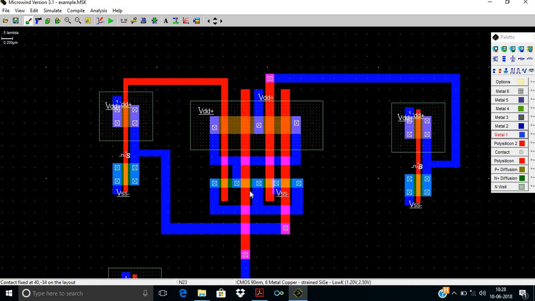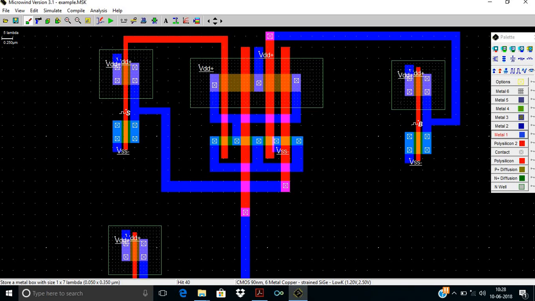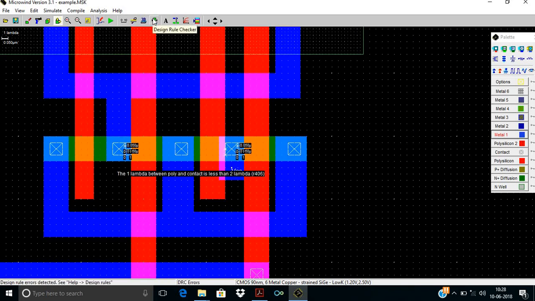This is the B bar connection. This is the A bar connection. Now is anything remaining? There is an overlap of this material.